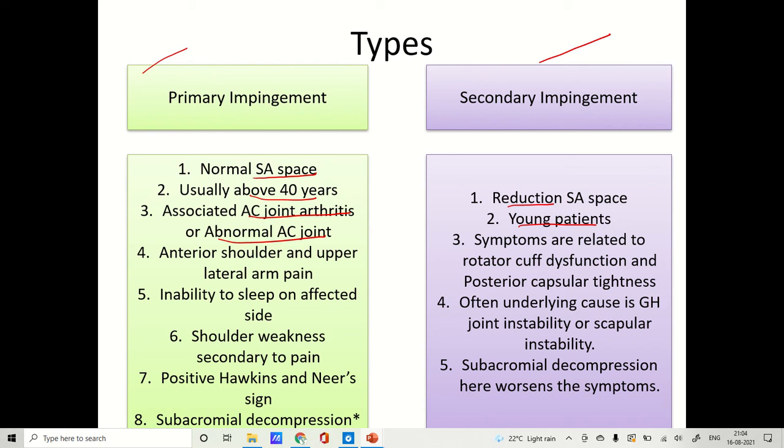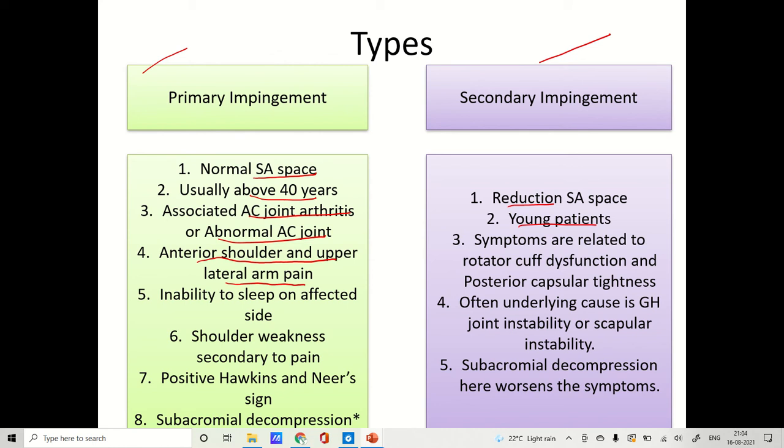Fourth one, in primary, anterior shoulder and upper lateral arm pain. Please make sure, usually in primary impingement which is due to arthritis or anything, they tend to show upper lateral arm pain or anterior shoulder pain. Whenever your patient comes with pain in that region, it is primary impingement syndrome.